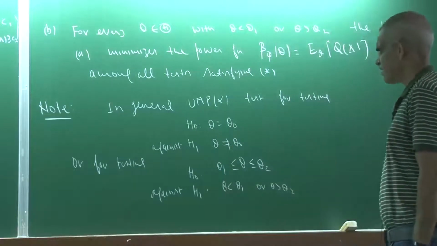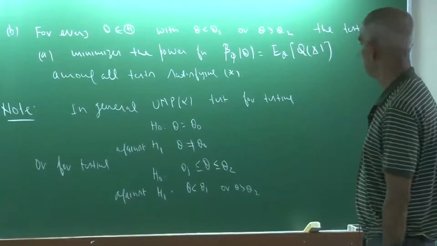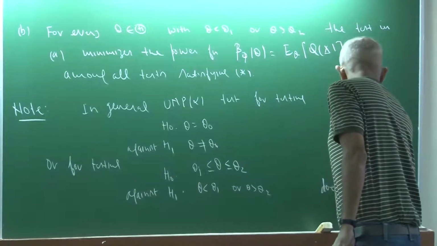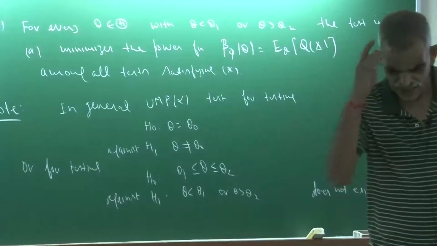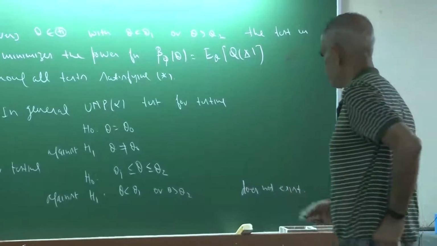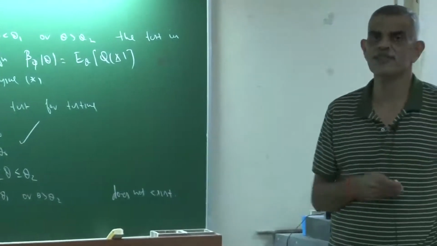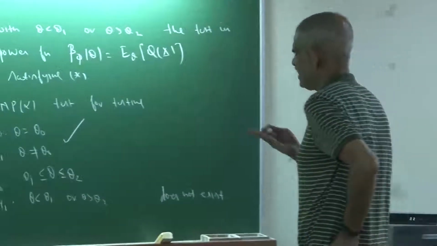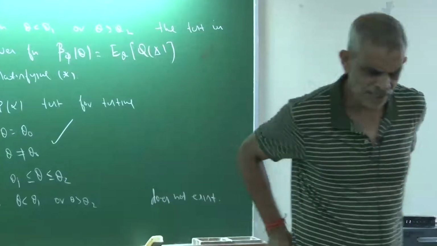So in neither of these cases, even in one parameter families, in general does the UMP alpha test exist. Although in some situations it may exist. For example, whenever you are dealing with a truncated family of distributions like uniform 0 theta, in such a situation a UMP alpha test may exist even for this situation. In the normal case it may not exist, right?